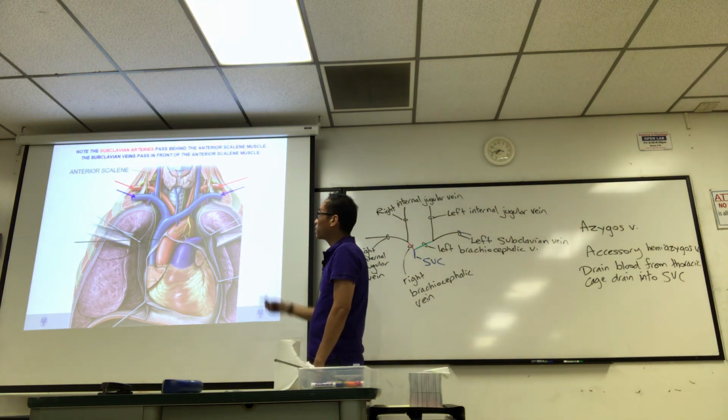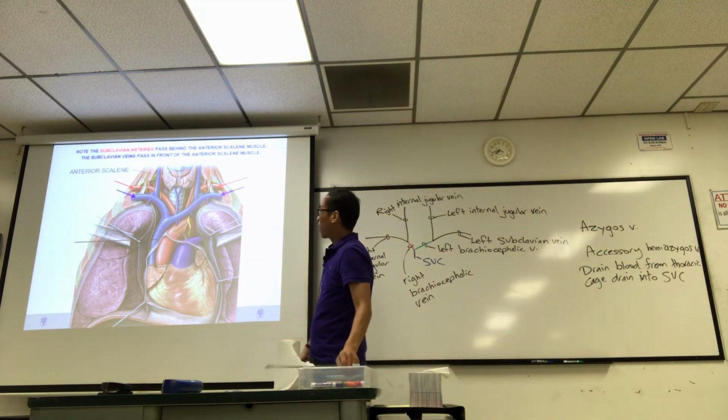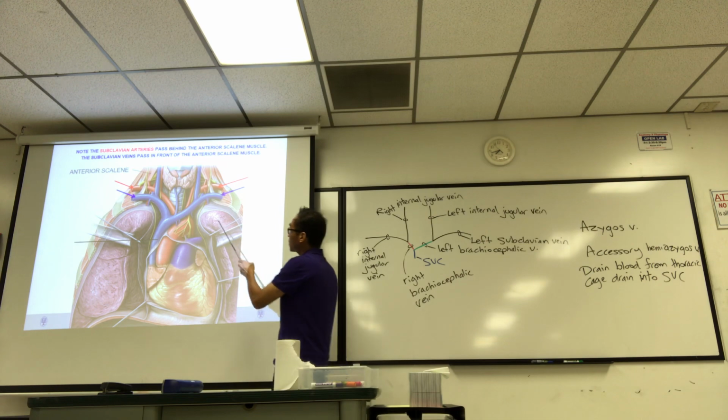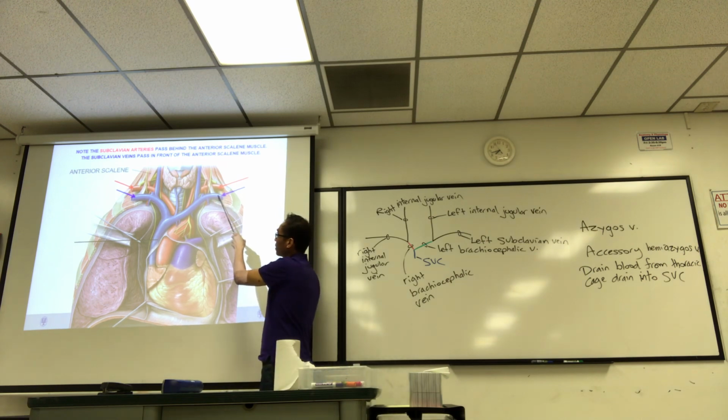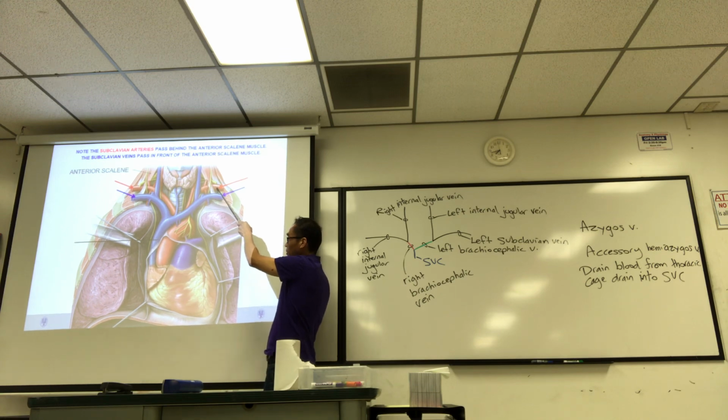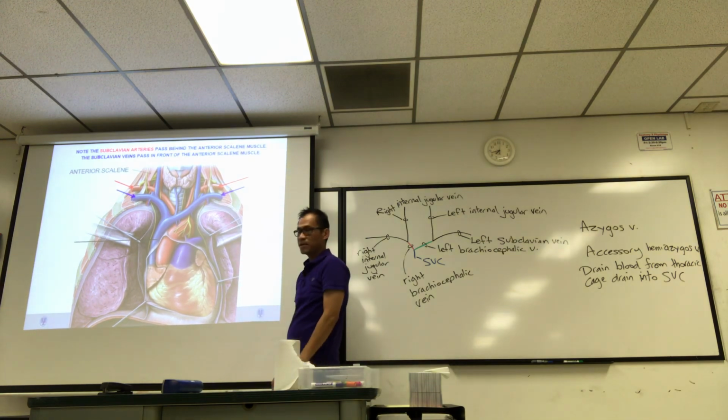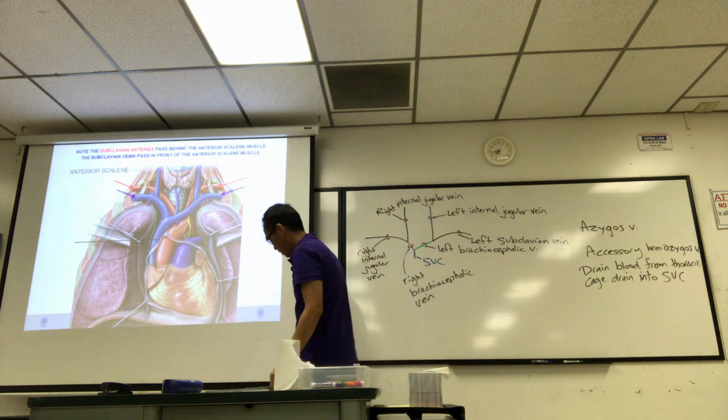Move on from that. Okay, this one, other useful anatomy is the subclavian artery and vein. They straddle this muscle called the anterior scalene. The artery is always behind it, but the vein is always anterior to it. So I'm going to put that down.